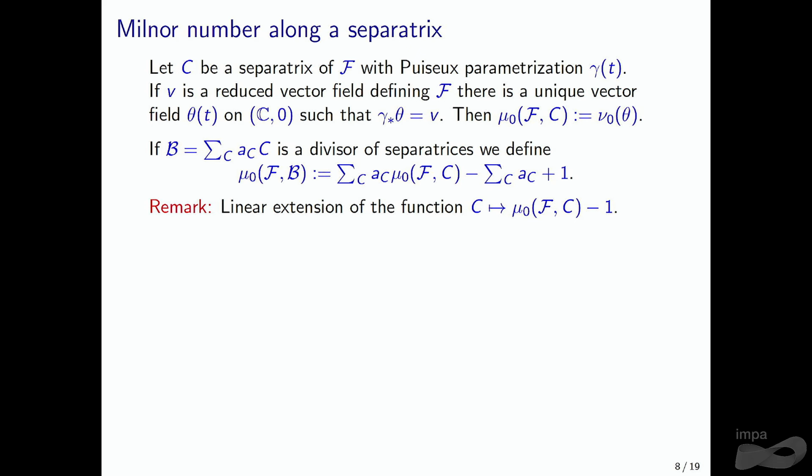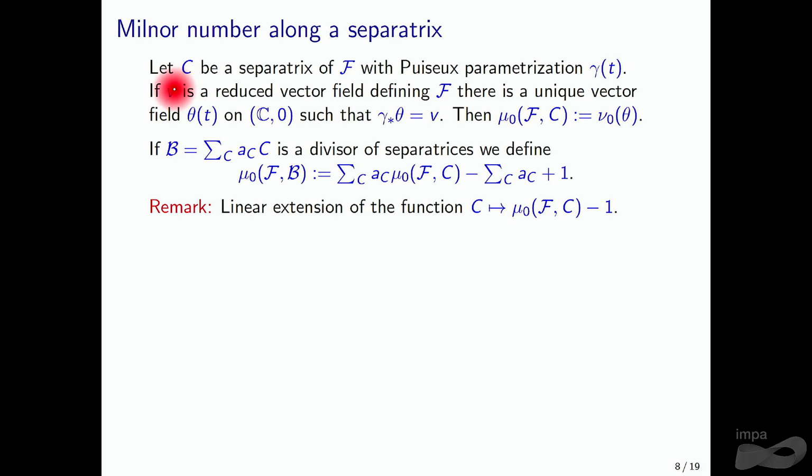The next index that we revisited is the Milnor number along a separatrix, that is defined by taking a Puiseux parametrization gamma of the separatrix and a vector field on C that pushes forward by gamma to C^2, and given a reduced vector field defined in F, there is a unique vector field in one variable that can be pushed forward to B, and the Milnor number of F along the separatrix C is the vanishing order of this vector field in one variable.